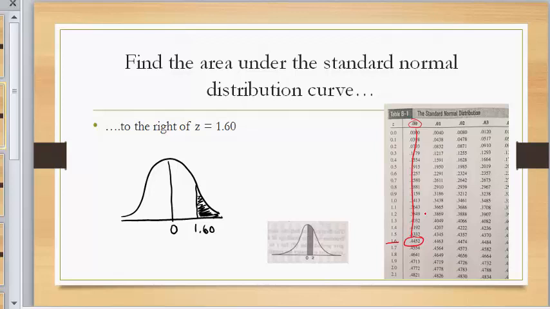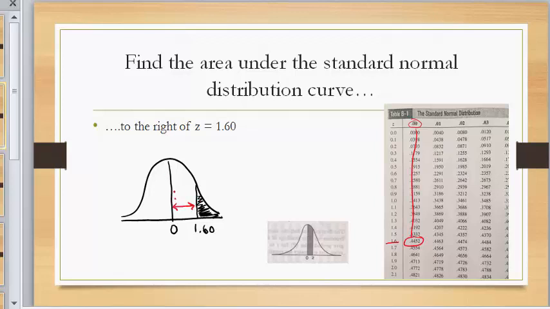Now remember that whenever we use the table to look up a z-score, the table gives us the area between 0 and the number that we looked up. So if I looked up 1.60, the 4452 is the area from 0 to 1.60.